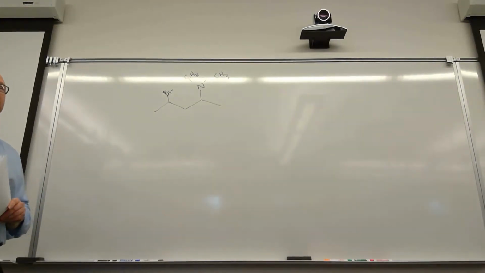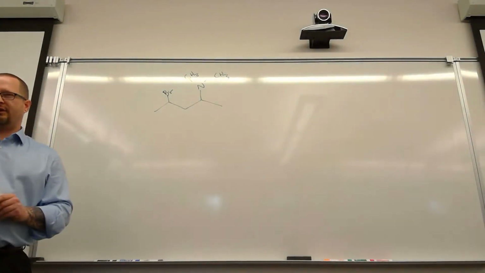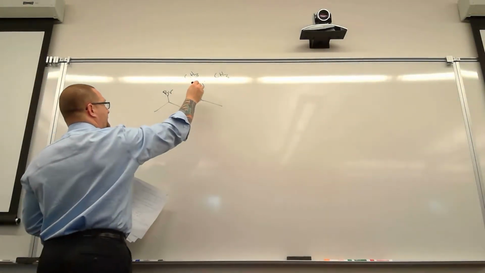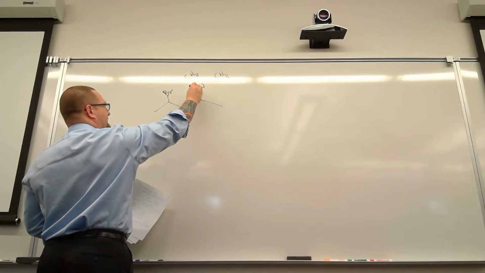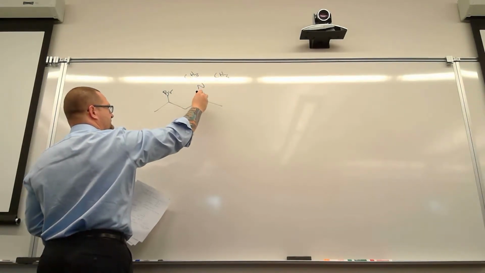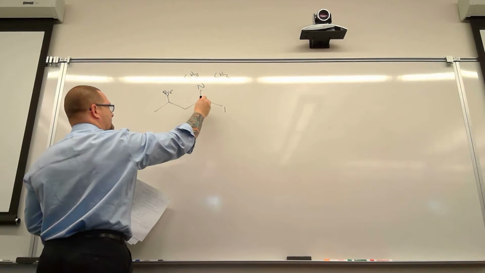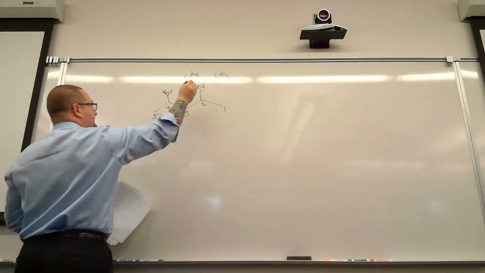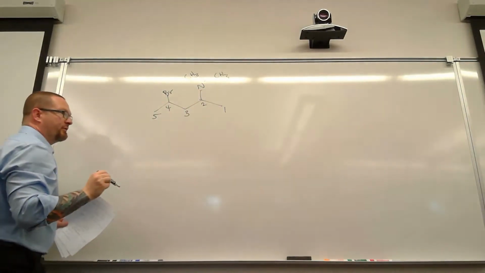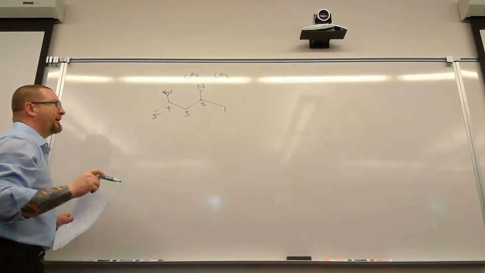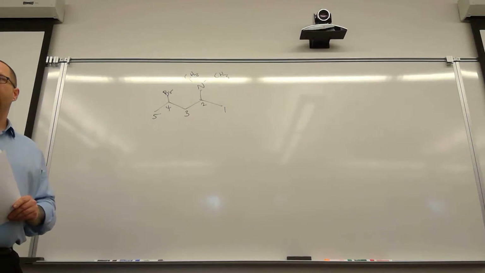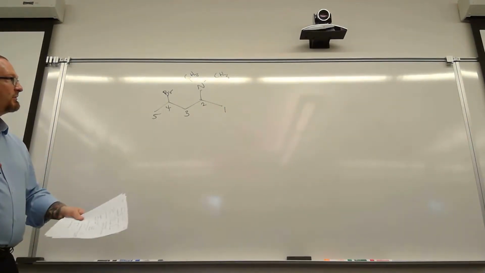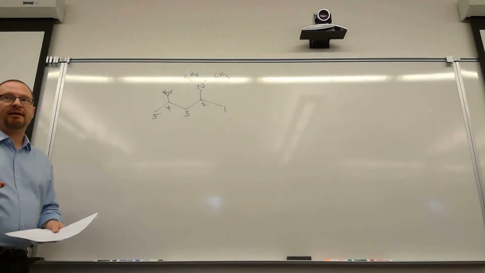Where does it start? Everyone try to get the answer in your head. Does it start here? Ah, couldn't fool you. What about here? Here? Yes. This is the longest chain that contains the functional group. The functional group happens to be modified with 2 methyl substituents, and the main chain is modified by a halogen.